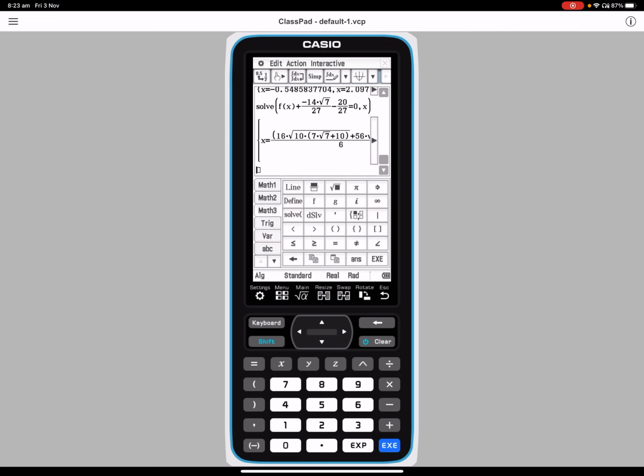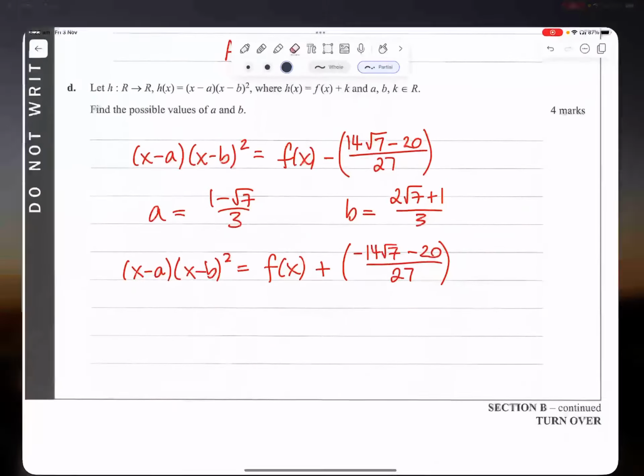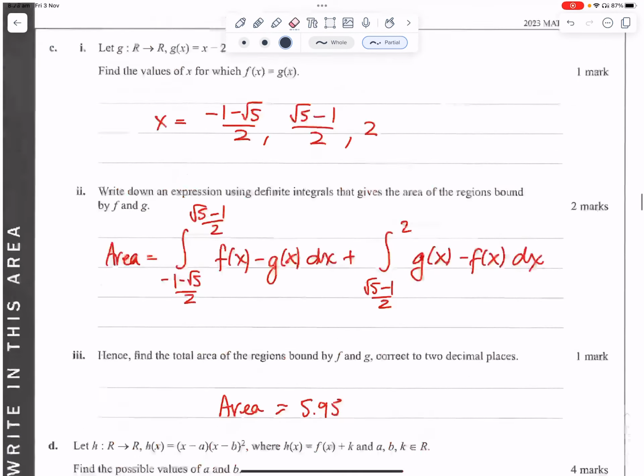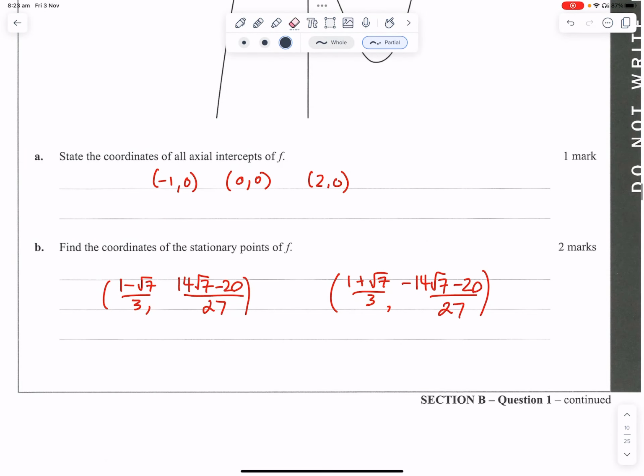what have I done? Okay, so f of x minus, no, plus the other y value, is that one. So we've got to move it up this amount.